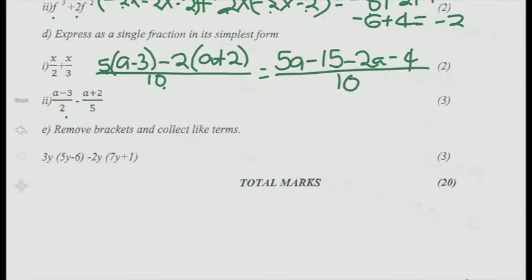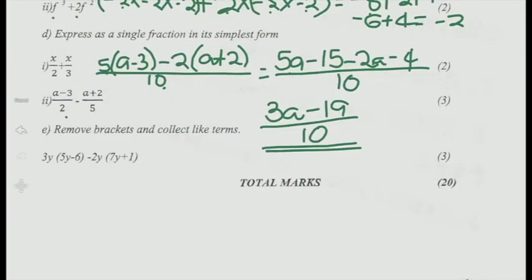Now we have to collect like terms. We have 5a minus 2a giving us 3a. We have negative 15 minus 4. So here the answer will be negative 19 all over 10. So this is our final answer.